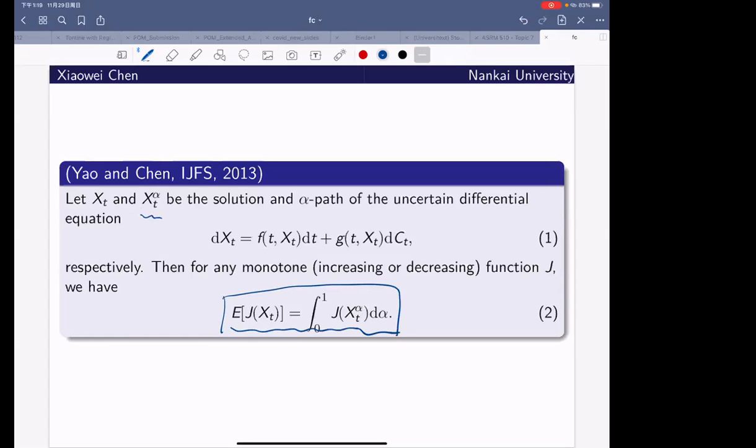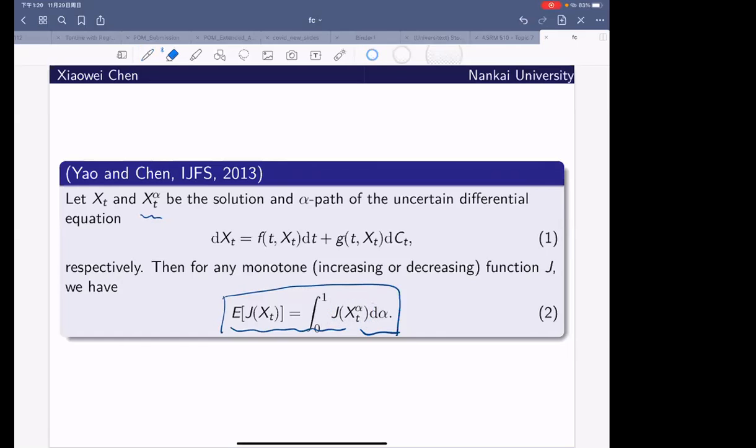Here, if we have a function J that is increasing or decreasing in X_t, then the expected value of the function is just the integration between 0 and 1 of J(X_t^alpha).